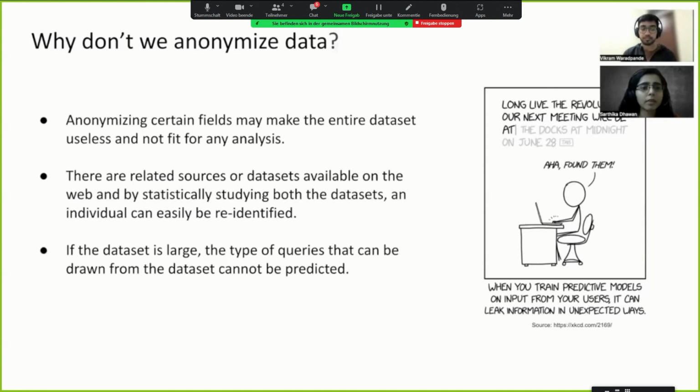Second, as we discussed, there might be related data sets available publicly, and by statistically studying both the data sets, an individual can be easily de-identified. And thirdly, if the data set is large, the type of queries that can be drawn from the data set cannot be predicted. So you can shoot multiple queries on the database, and it's a possibility that eventually you will be able to identify information about an individual.